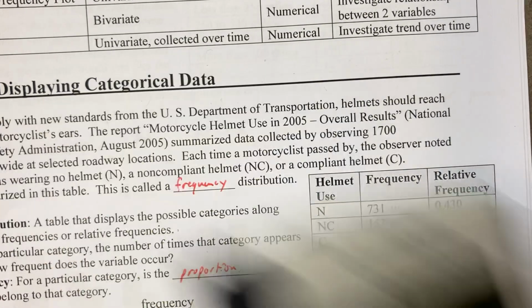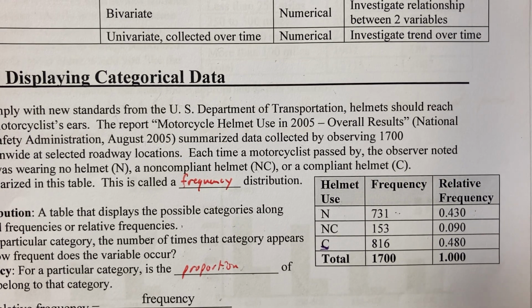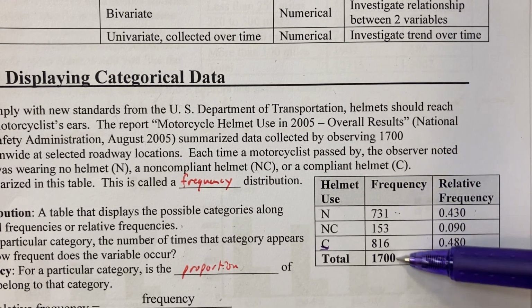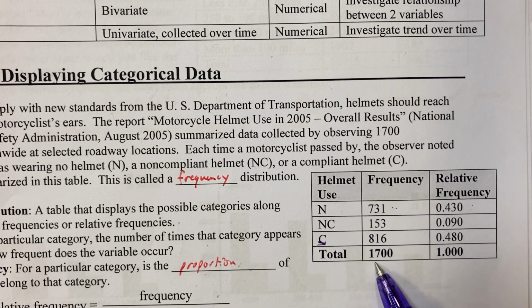Okay? Non-compliant helmets accounts for 9%, and compliant helmets account for 48%. Okay, so frequency is just the count. Relative frequency is the percentage. You're going to have to know that. Now, if I add all these together, I get 100%. If I add all these together, I get 1,700.